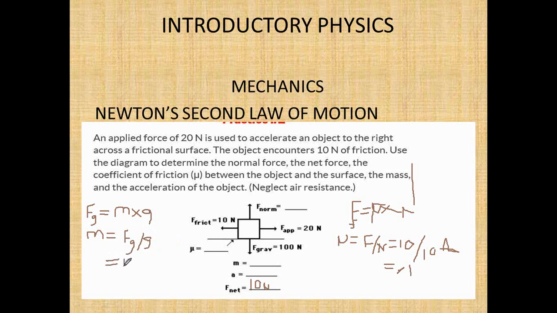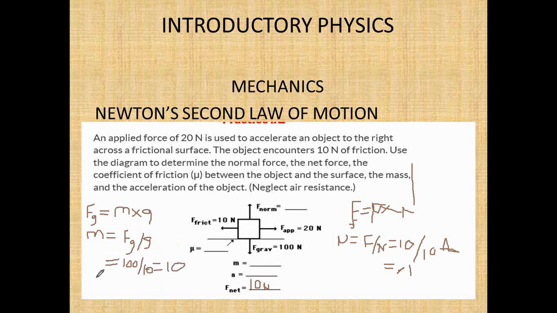So that's 100 divided by 10, which is equal to 10. So the mass of the object is 10, and then you want to determine the acceleration of the object.